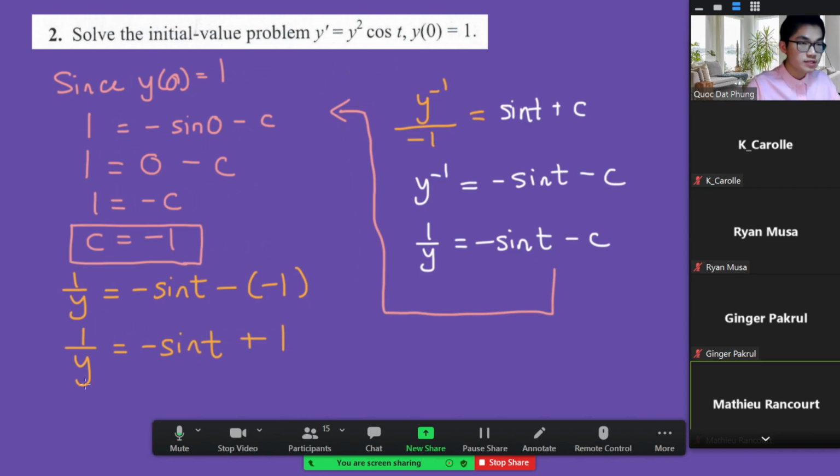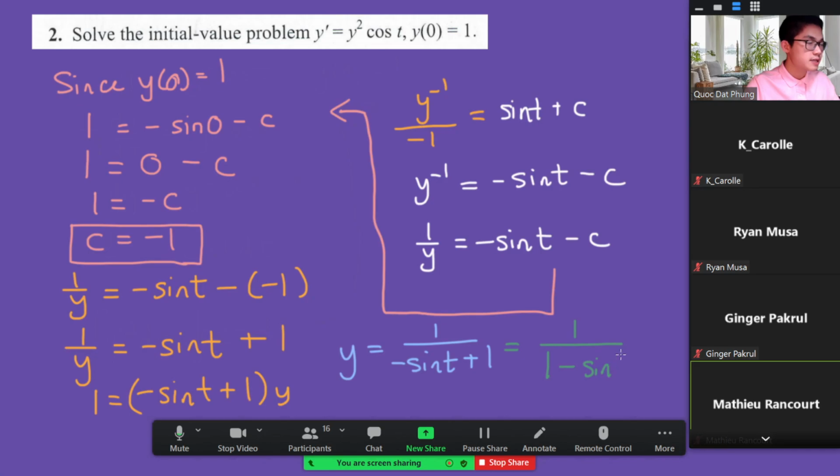So we multiply both sides by y, we get 1 is equal to minus sine t plus 1 times y. We're almost done. Now we divide both sides by this to get y. So y is equal to 1 over minus sine t plus 1. Instead of writing it like this, you can also write it as 1 over 1 minus sine t. And that's it. This is the solution to this problem.